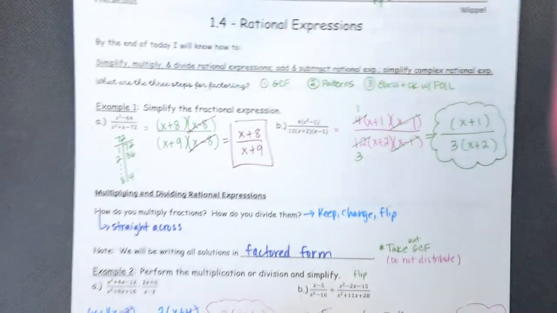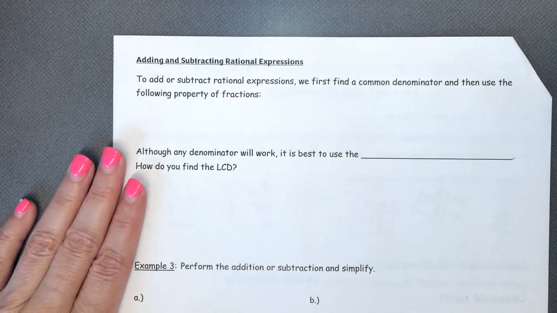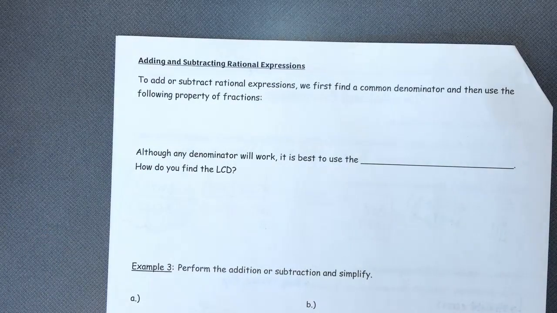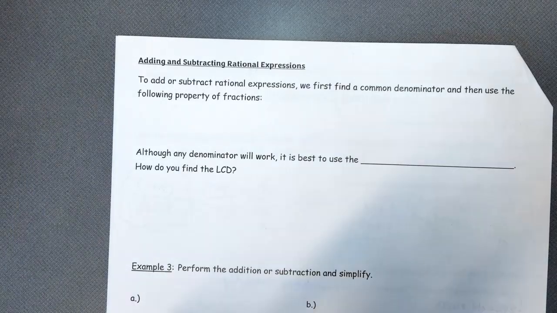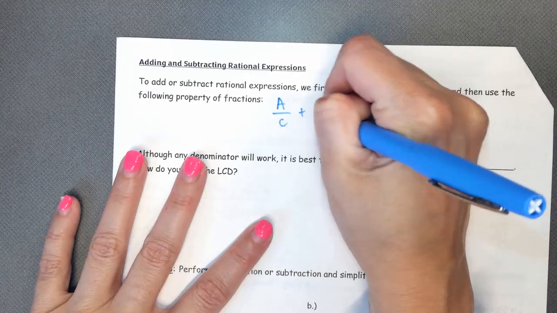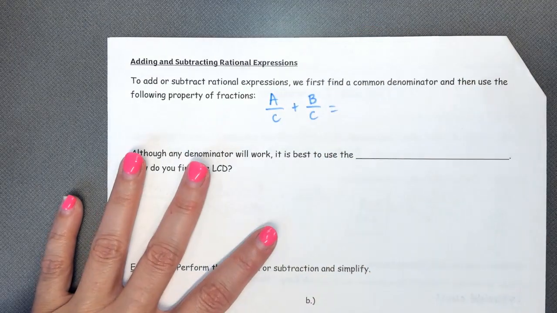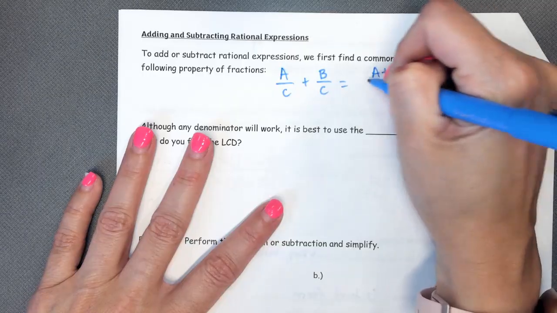All right, good work. So that is multiplying and dividing. The next thing we're going to talk about is adding and subtracting. We have to find a common denominator, and once we have a common denominator, whatever it is, the rule is the denominator stays the same, and you add the numerators together.